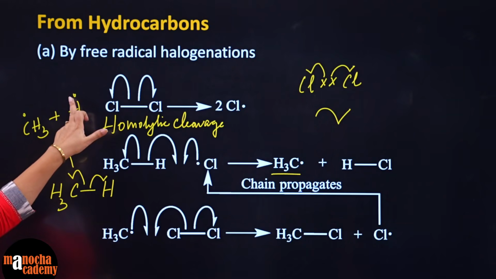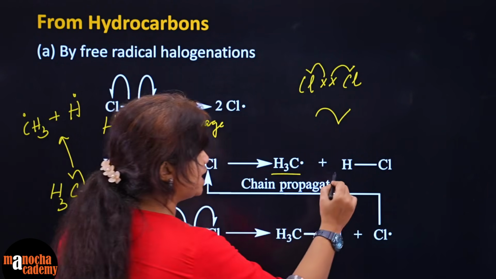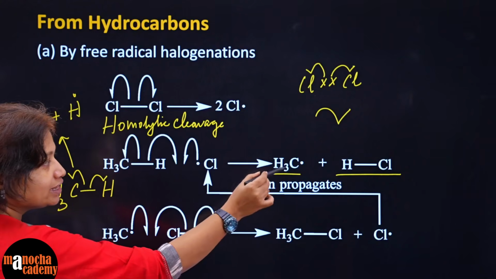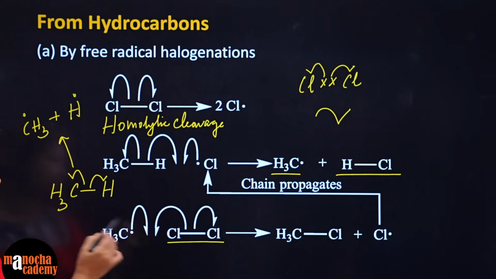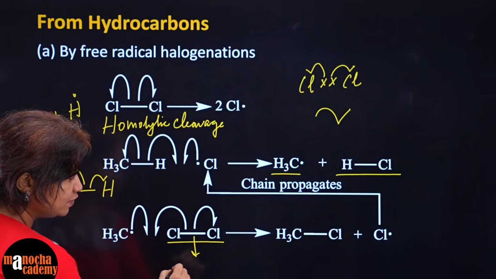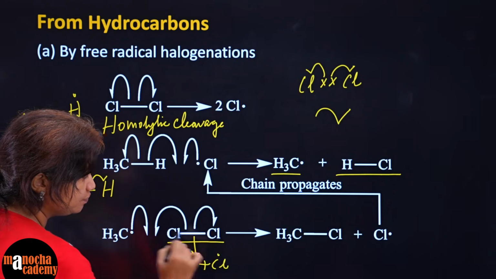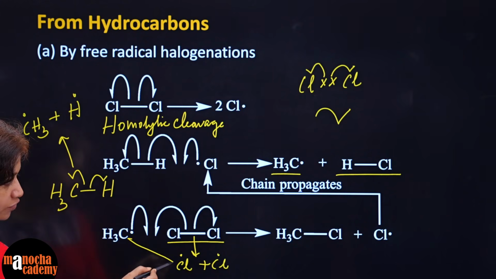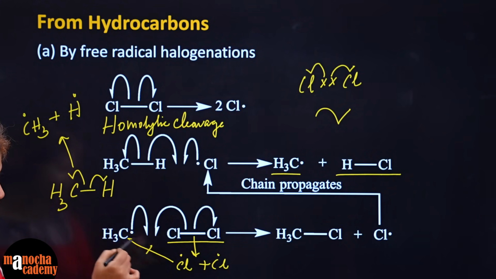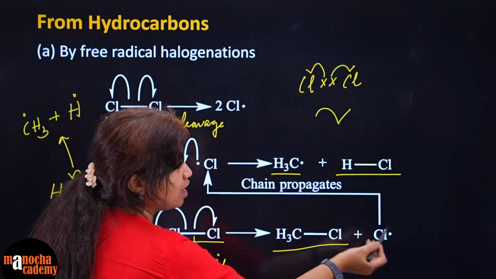But this hydrogen radical and this chlorine radical will combine together, and what you get is HCl. This methyl radical now again will react with chlorine homolytically. How? Again, this will give one chlorine radical, this one will give one chlorine radical, of which this methyl radical will react with one of the chlorine radicals here, and it will give you methyl chloride. Another chlorine radical is coming out.